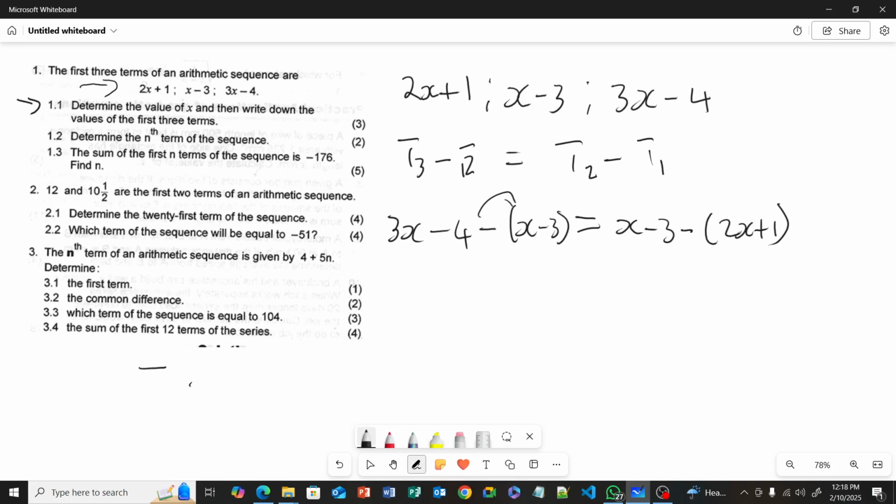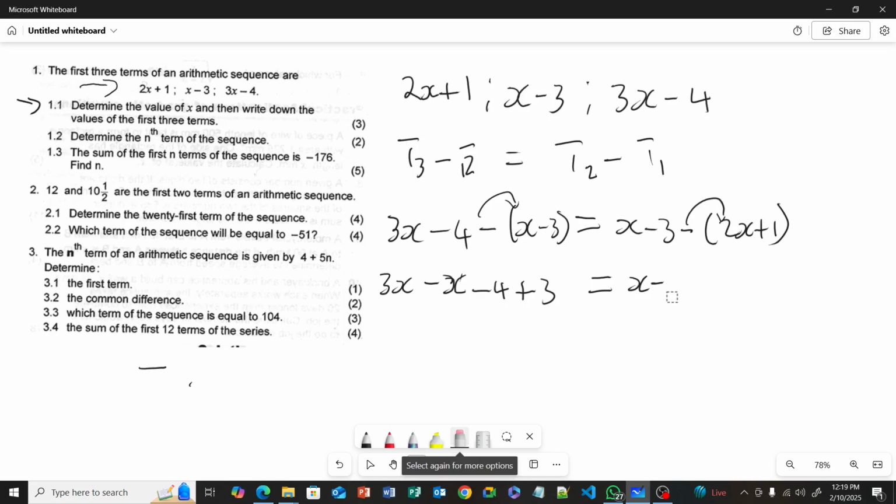Okay, now let us open the brackets here. If we follow the negative sign, x will be negative and 3 will be positive. So we'll end up with 3x minus x. I'm already grouping the like terms. Then we have this minus 4. Then negative times negative will be positive 3, which is equals to x minus 3, negative multiplied by that. Okay, so I want to group the like terms already.